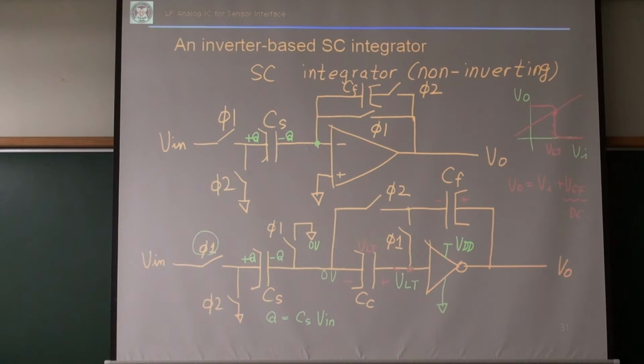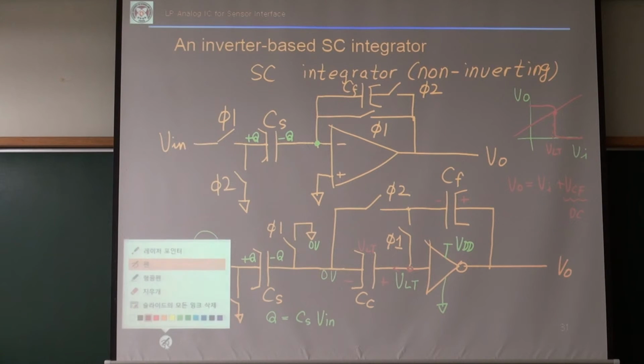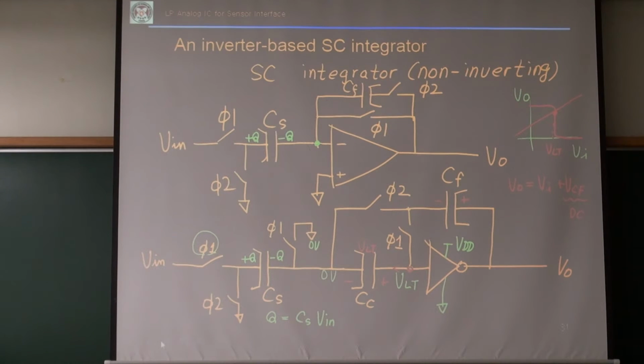What happens during the phi 2 phase? This is connected, so this voltage will remain at the logic threshold by negative feedback.